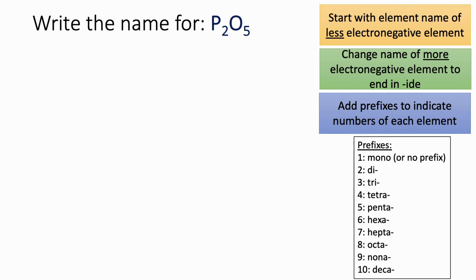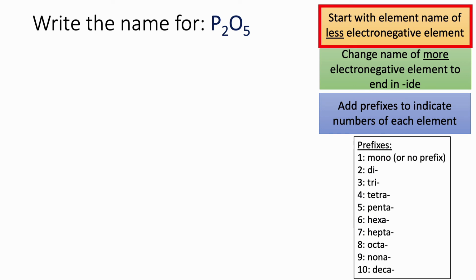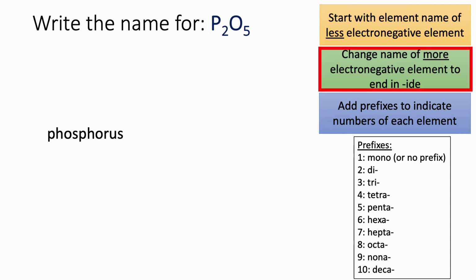Here is a molecule, P2O5. So we're going to start with the element name of the less electronegative element, and that's going to be phosphorus. So phosphorus is the first word. The next step is to change the name of the more electronegative element to end in "ide." So oxygen is our more electronegative element. So there's phosphorus oxide, which again does sound a bit like an ionic compound.